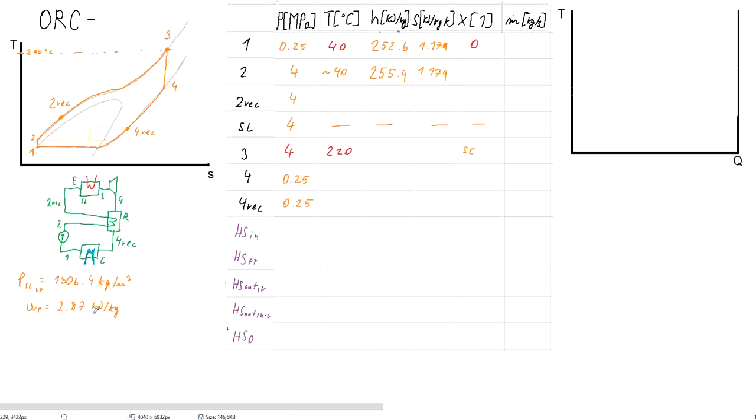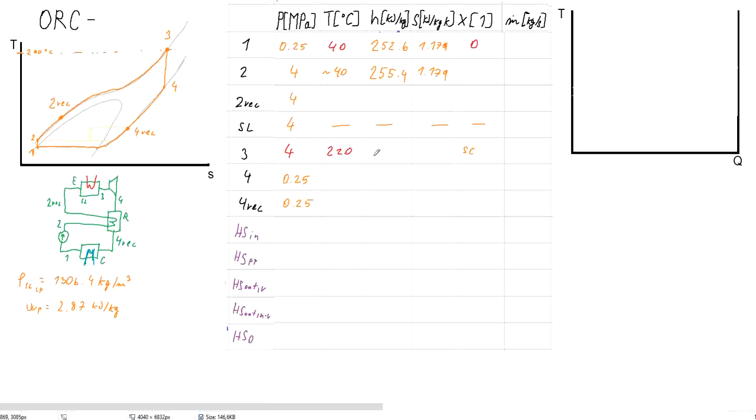So you can see the difference is really minimal in the subcooled liquid, and the temperature at the pump outlet here would be also a little bit higher. It would be 41.5 degrees C, but still very small values.